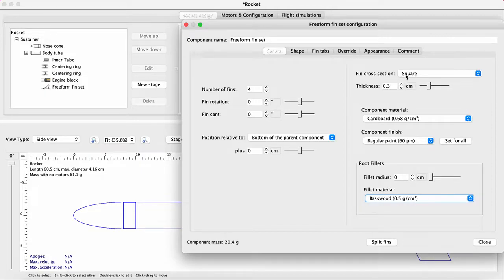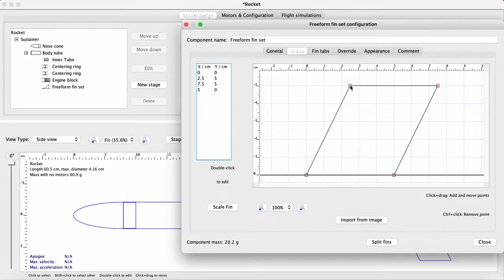Now the cross section means, is the top of the fin going to be totally square? Or are you going to round it, or are you going to make actually like a little edge, sand the edge so that the top's at a straight angle? Let's say that we'll all round the tips of our fins, right? Okay. So now what's the shape going to look like? Oh, look at this cool thing. We get to actually adjust, right?